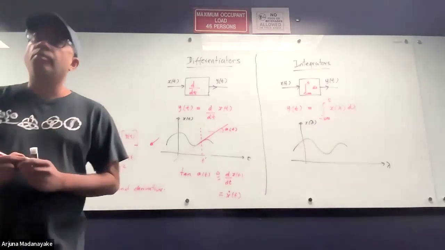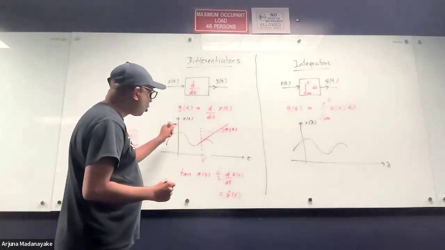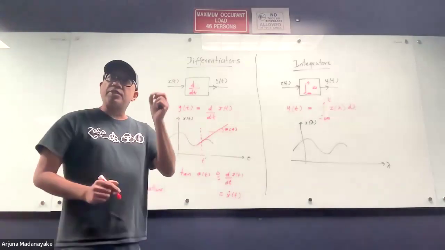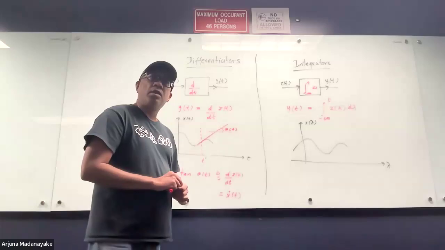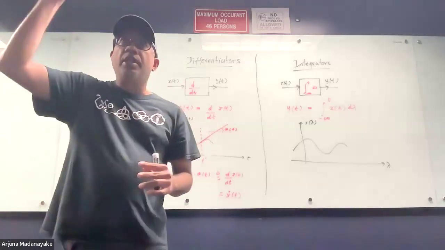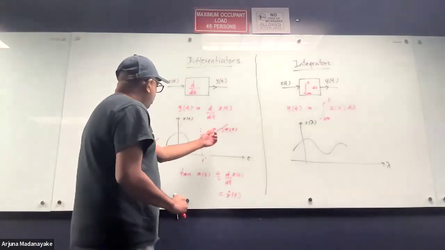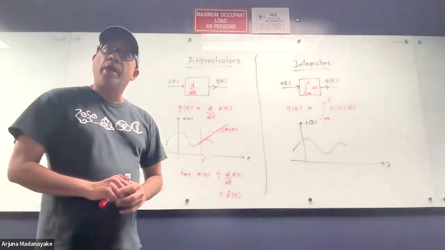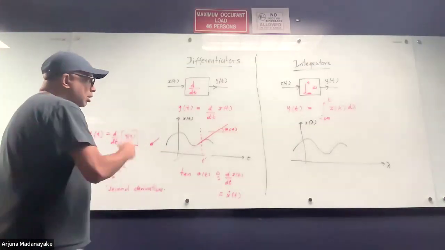So we know that from basic calculus, at every place where there's a minimum or a maximum, the first derivative will be zero, because the slope is zero, and the sign of the second derivative tells you whether it's a minima or a maxima. So these are basic calculus things.